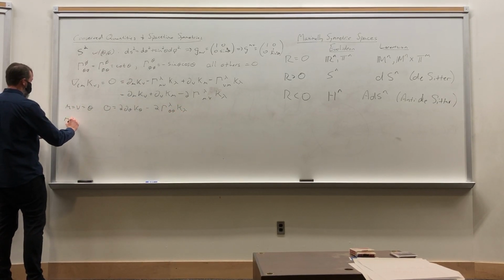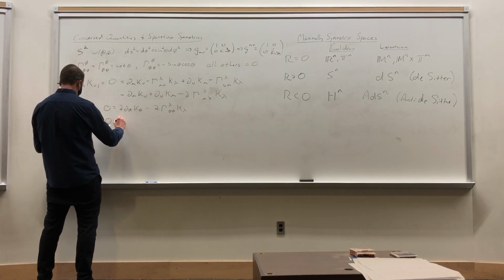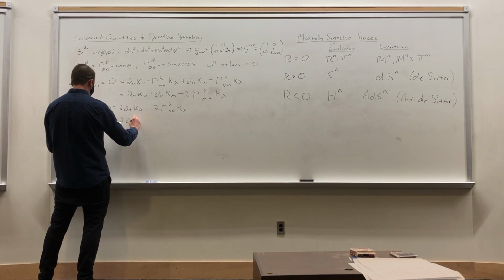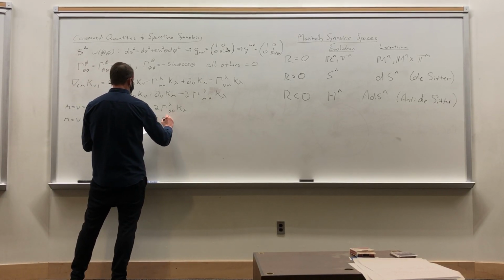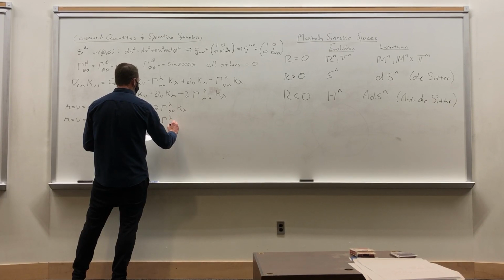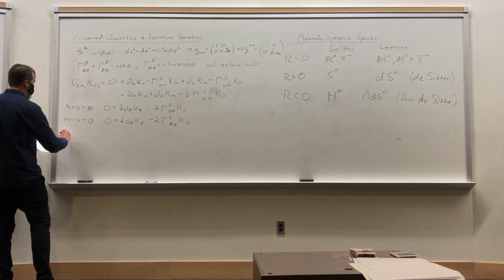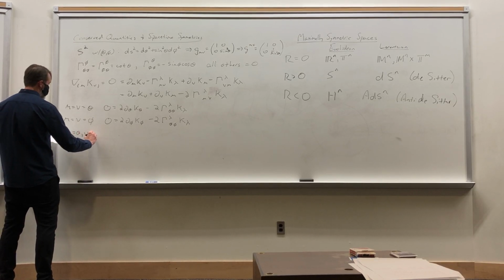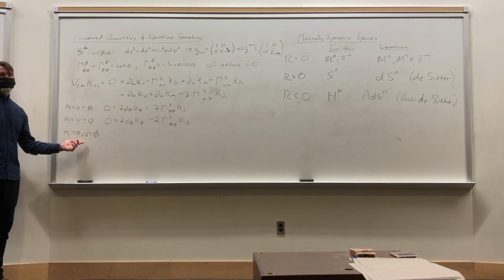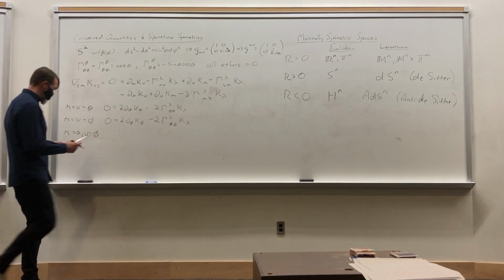I can choose mu equals nu equals phi, in which case I get 0 is 2 d phi k phi minus 2 gamma lambda phi phi k lambda. And then I can do mu equals theta, nu equals phi, and this will give me the same equation if I give this phi and this theta, so I'm just going to do it once.